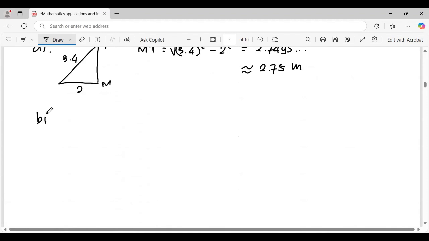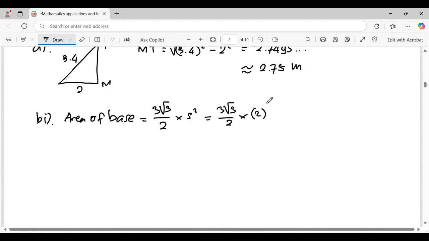The part one, area of base, it means area of hexagon. Area of base or area of hexagon, 3 square root 3 over 2 times s squared, or 3 square root 3 over 2 times 2 squared, and the result is 6 square root 3 meter squared.